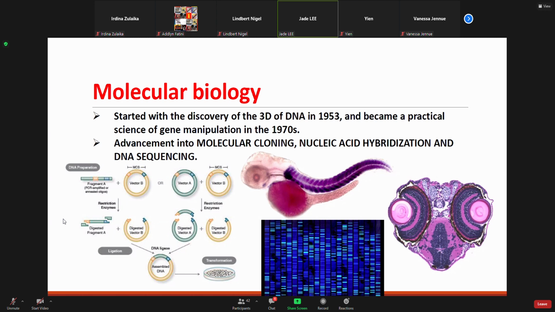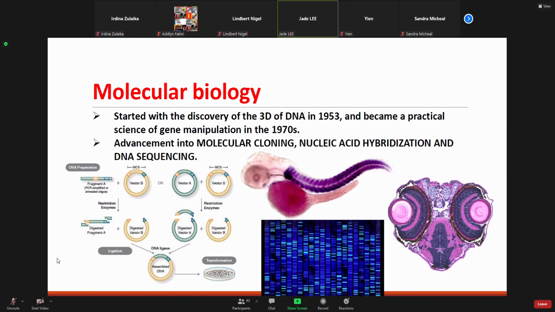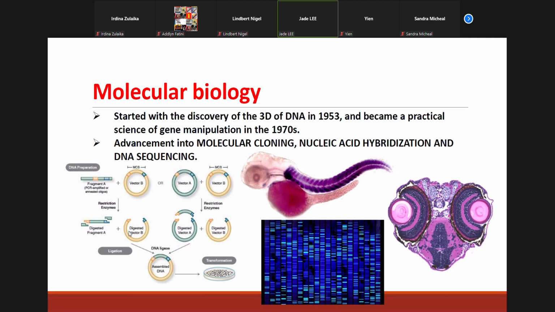What can we deduce from this expression pattern? Why is the gene only expressed in the muscle but not in other parts of the body? So what can we tell from this? No idea?